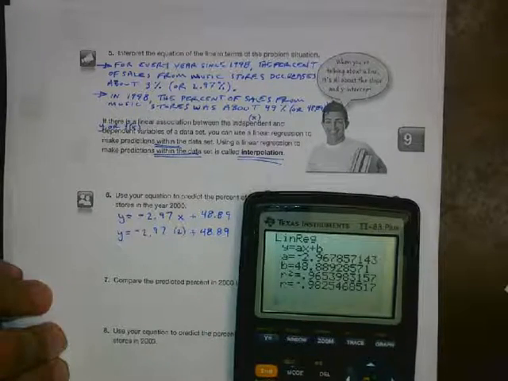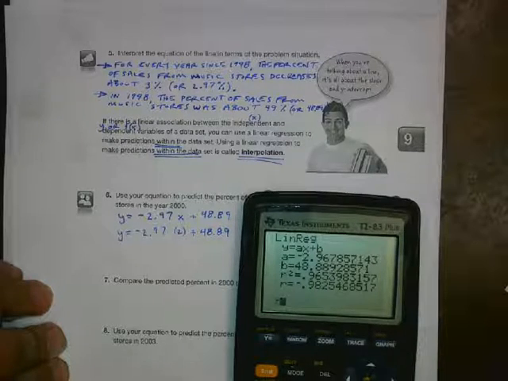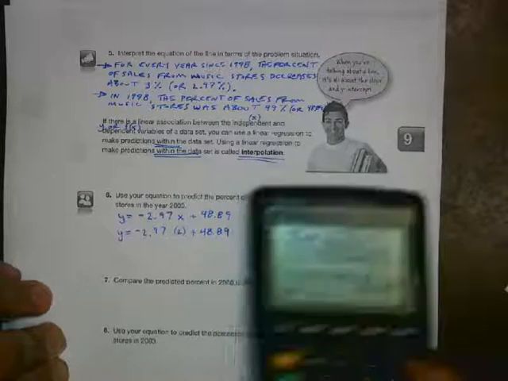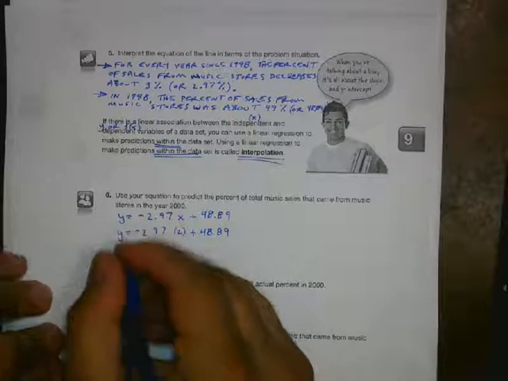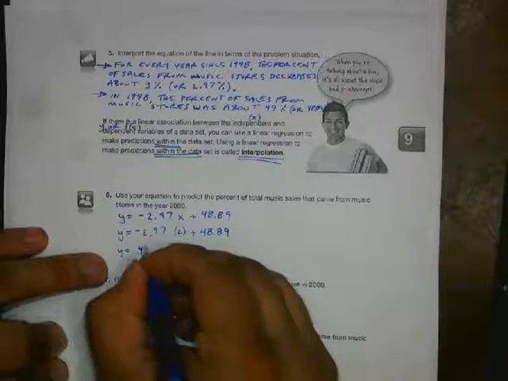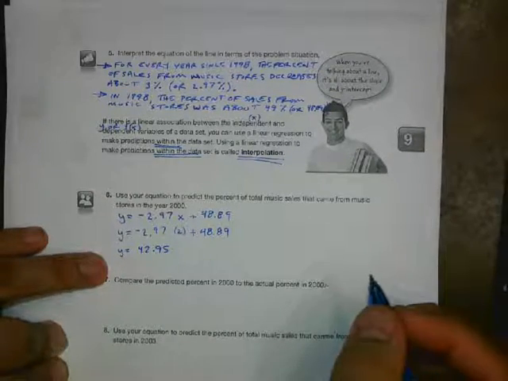We'll go negative 2.97 times 2 plus 48.89, and we get 42.95. So we get y equals 42.95.